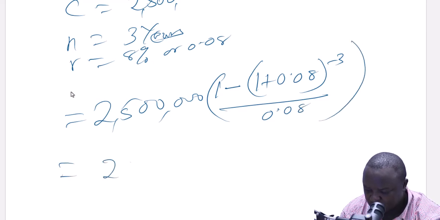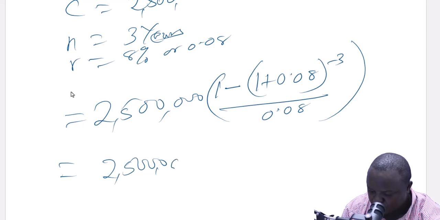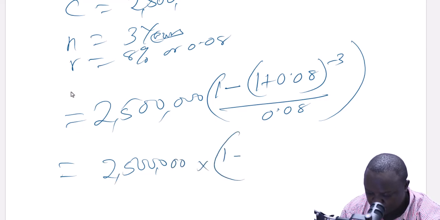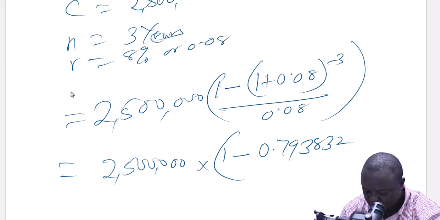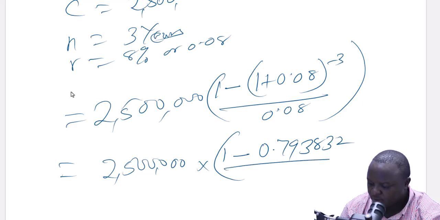So that is 2,500,000 times brackets 1 minus 1.08 raised to power negative 3, you will get 0.793832, over 0.08 of that.